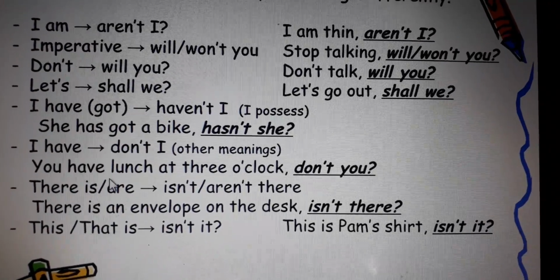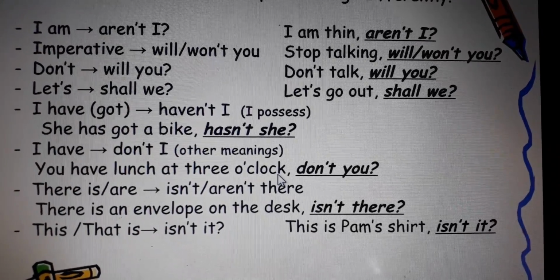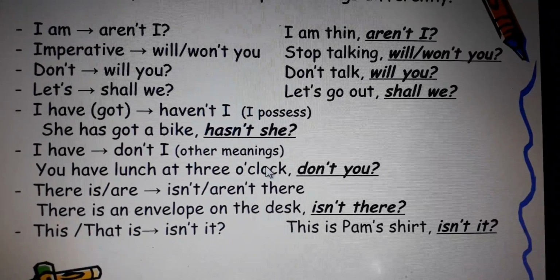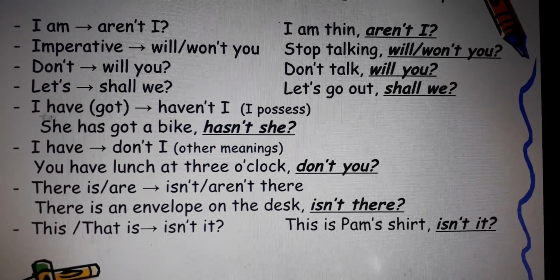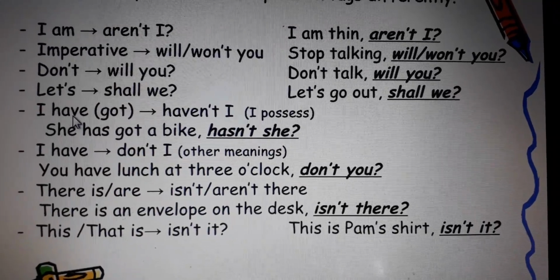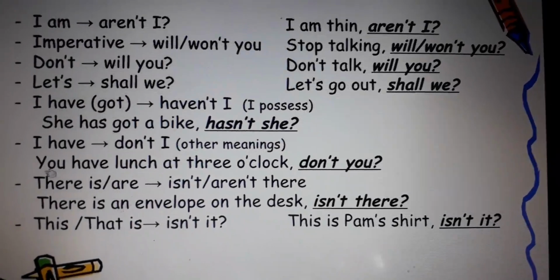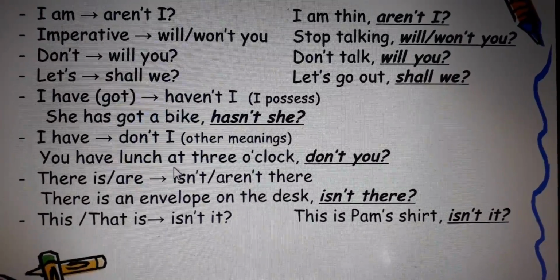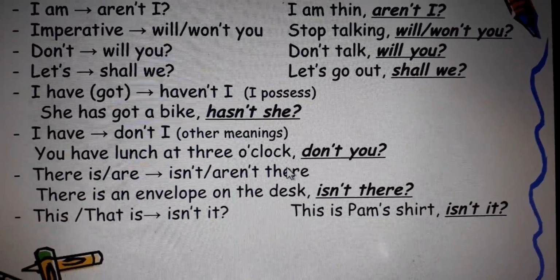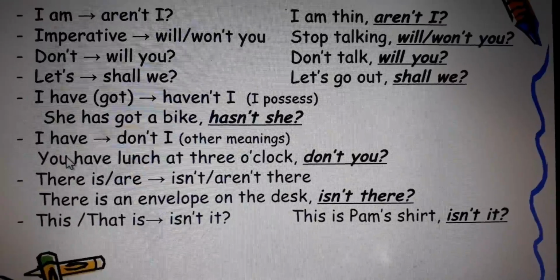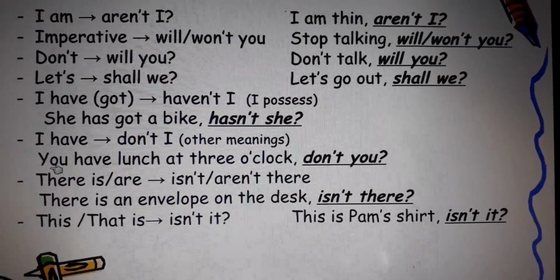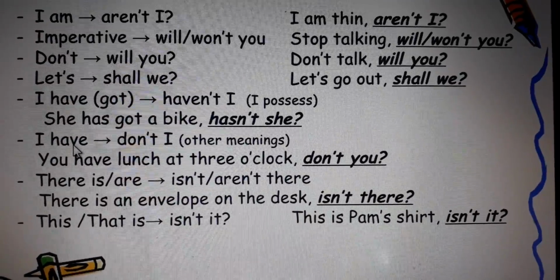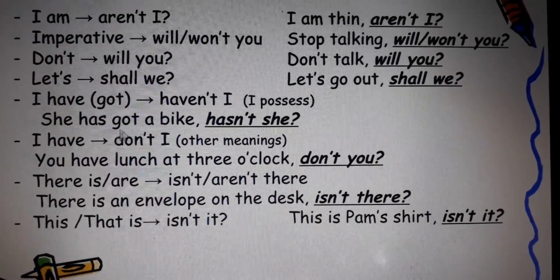Now, you have lunch at 3 o'clock. Here I have is there, so we have written haven't I. Now somebody is telling you, you have lunch at 3 o'clock, for confirmation: don't you. For the other meanings we'll use don't instead of have.